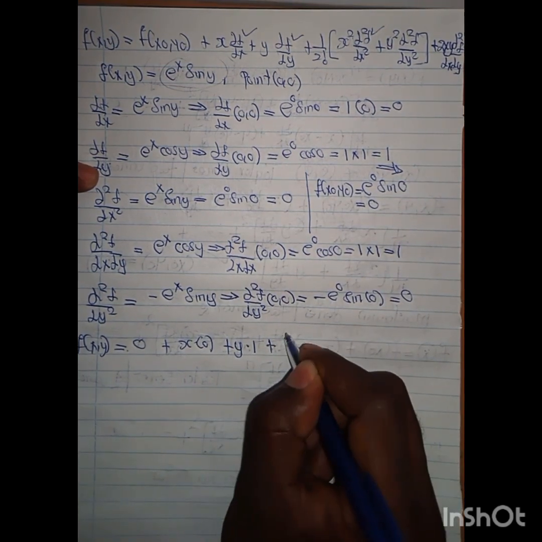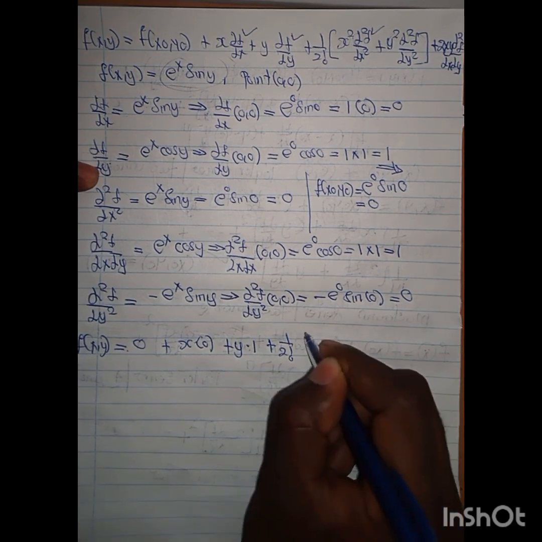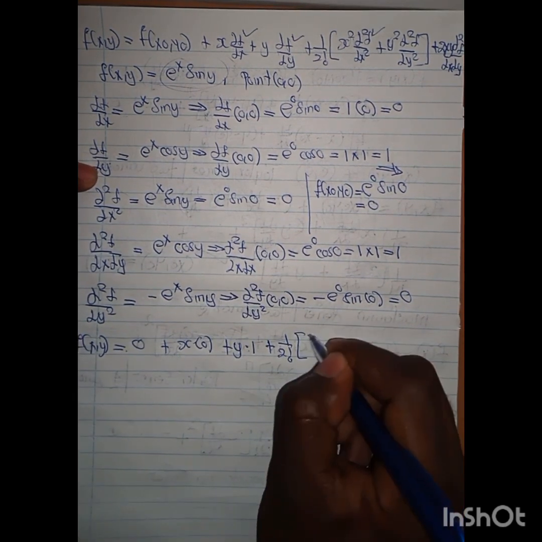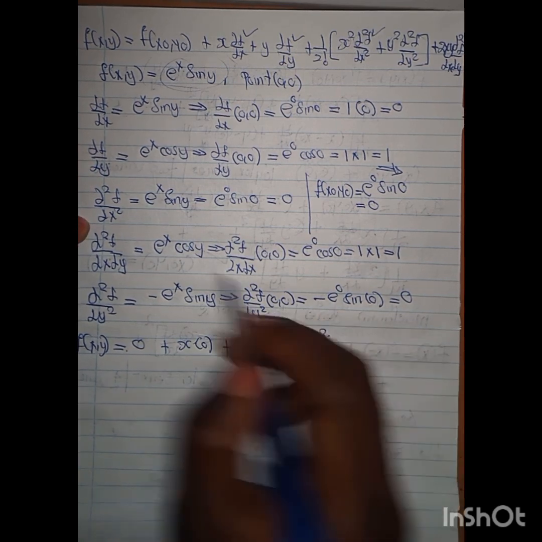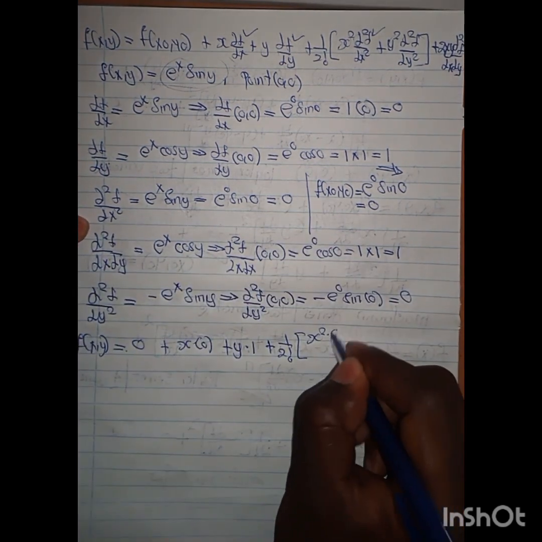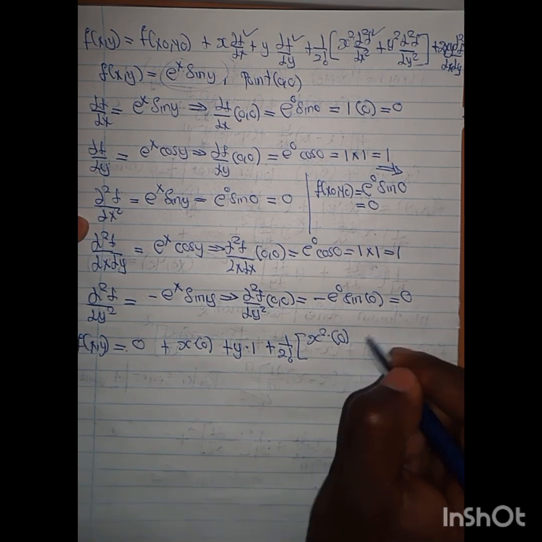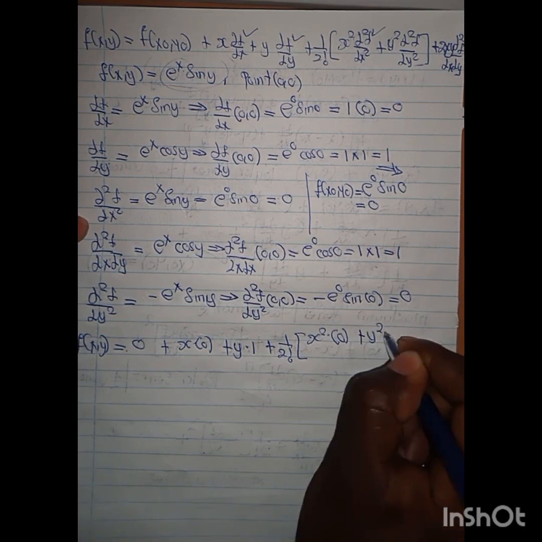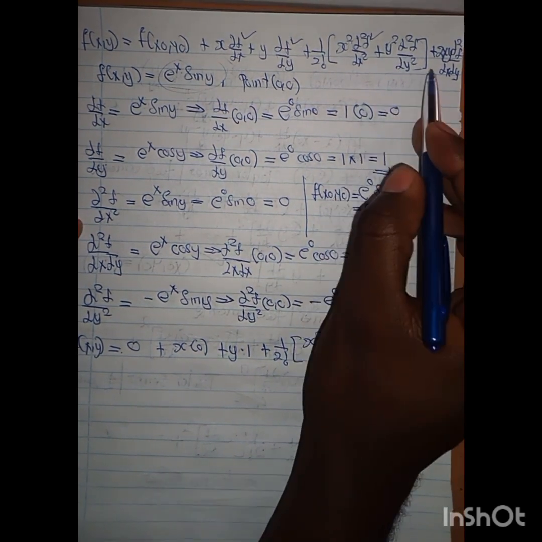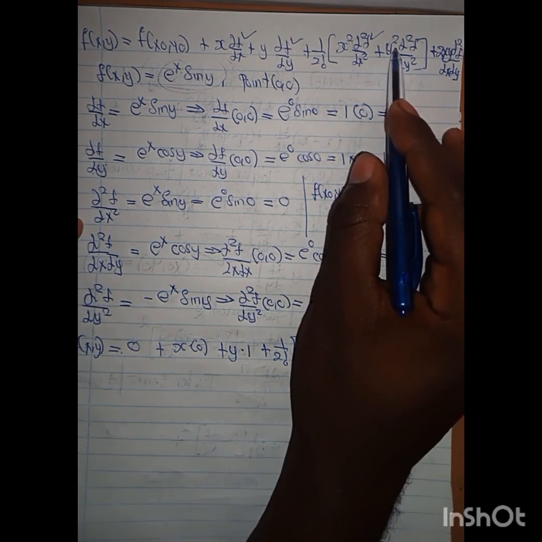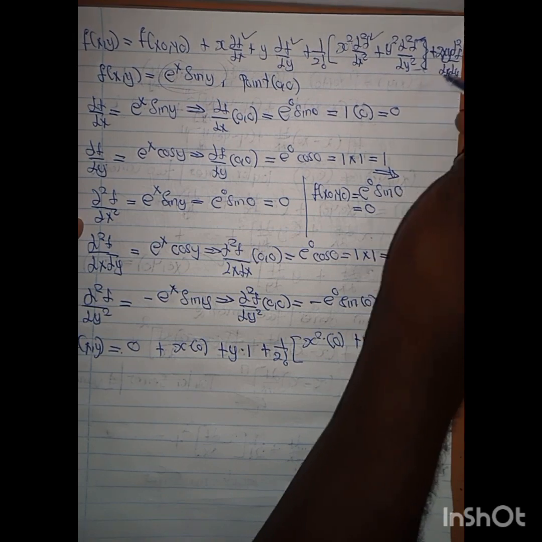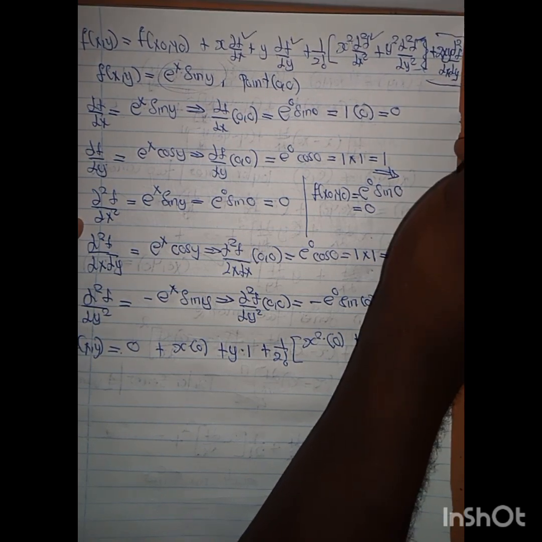Then plus 1 over 2 factorial. Then x squared, we multiply by the second derivative of the function f with respect to x. We found 0, so we multiply this part by 0, plus y squared. So this bracket actually should be covering everything.